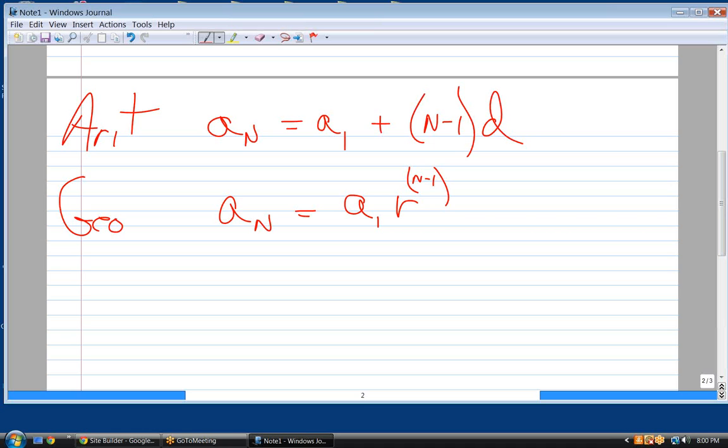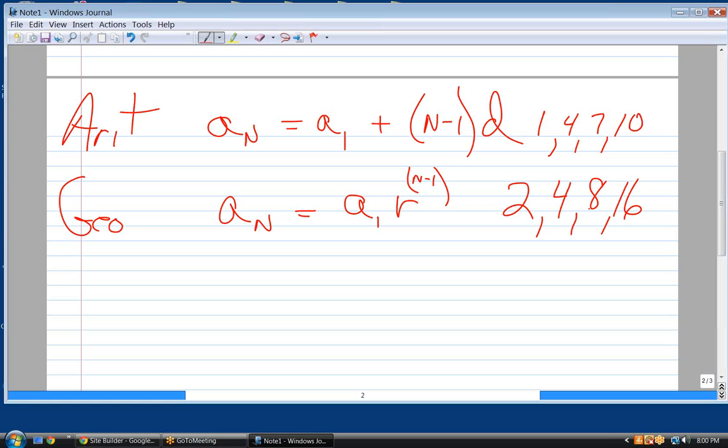I think so. Let's see if I have any of those in this review packet. An example of a geometric series would be 2, 4, 8, 16. An example of an arithmetic series would be 1, 4, 7, 10. In this first series, every term is separated by 3.